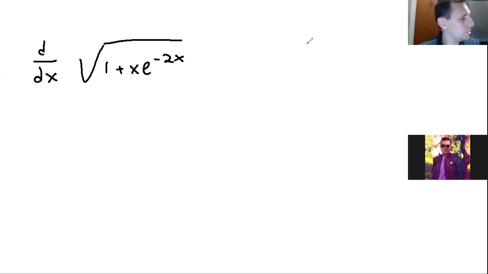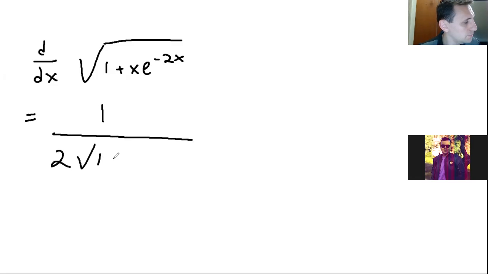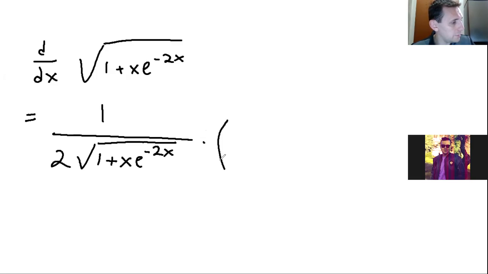So here we go. The derivative is 1 over 2, because the derivative of root is 1 over 2 root. I could have simply written it as 1 plus x e to the minus 2x to the power of 1/2.